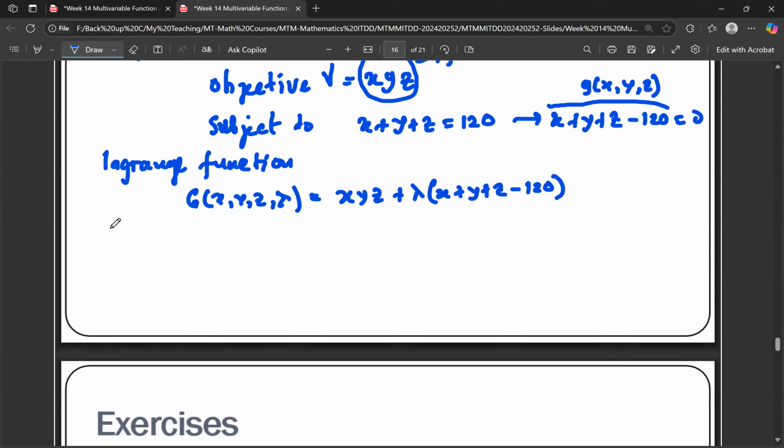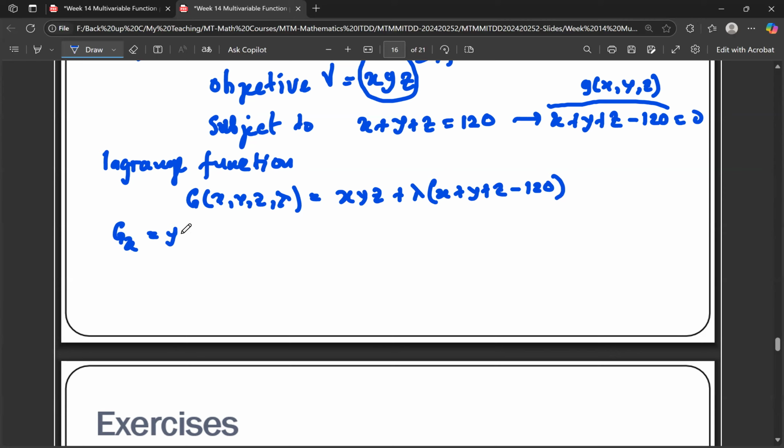Okay, we want to find the critical points. G_x means that we must differentiate this function with respect to x.